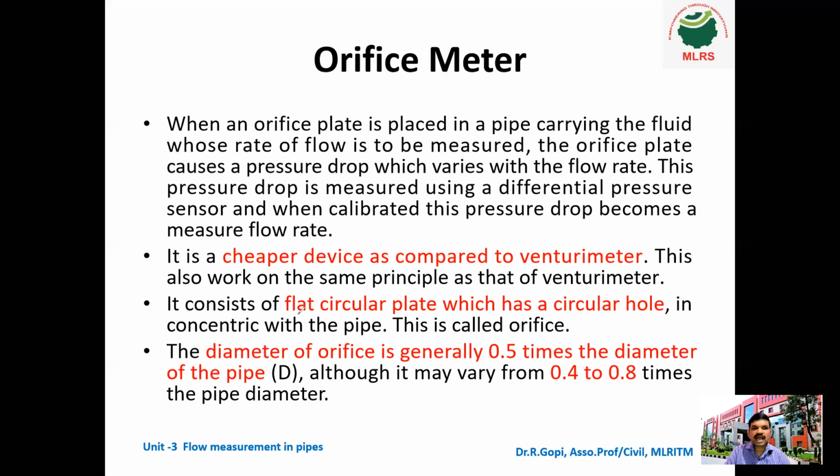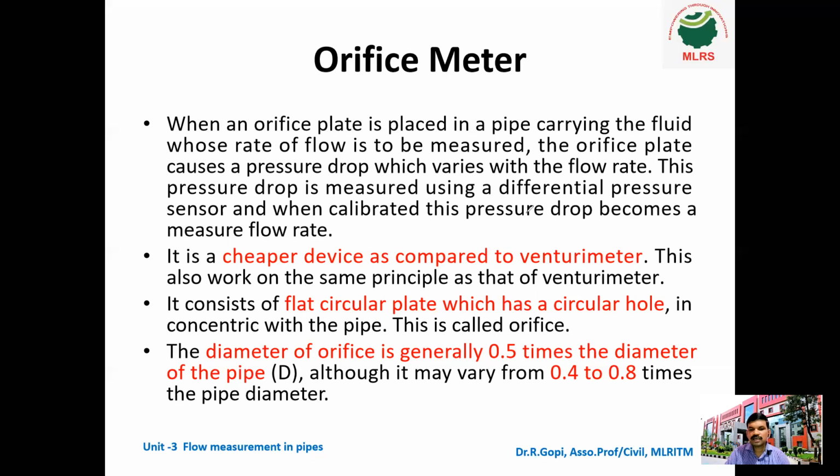It consists of a flat circular plate which has a circular hole at the center, concentric with the pipe. What do you mean by concentric? That means the center of the orifice and the center of the pipe are the same. This is called the orifice. The diameter of the orifice is generally 0.5 times the diameter of the pipe.